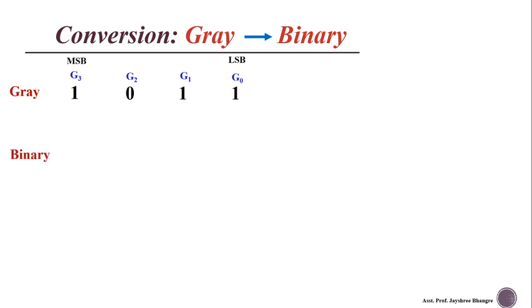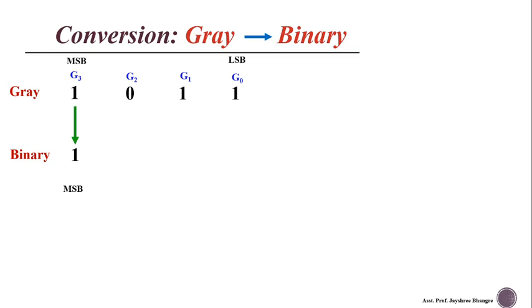We have to convert this gray into binary. According to the first rule, the MSB of the binary number is equal to the MSB of the gray. So we write the MSB of gray, that is 1, as the MSB of the binary.